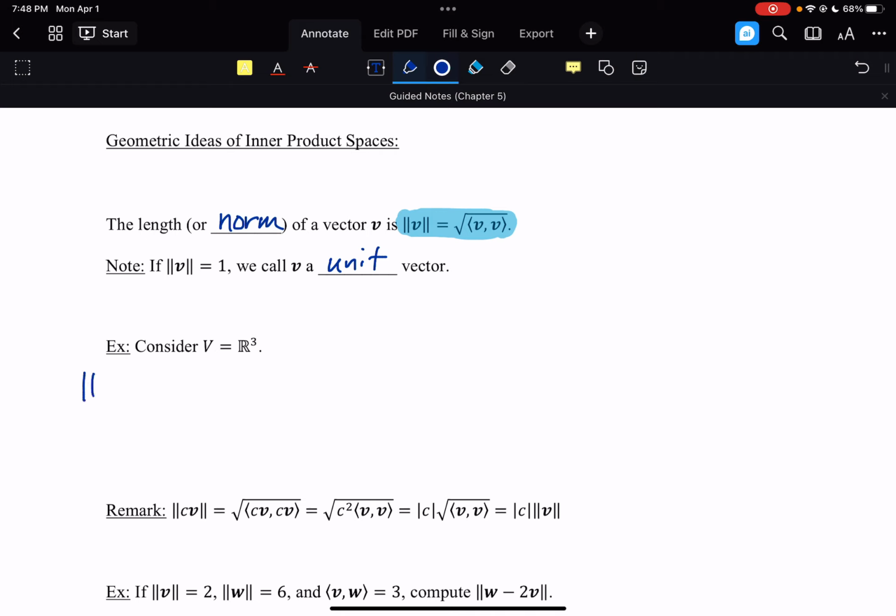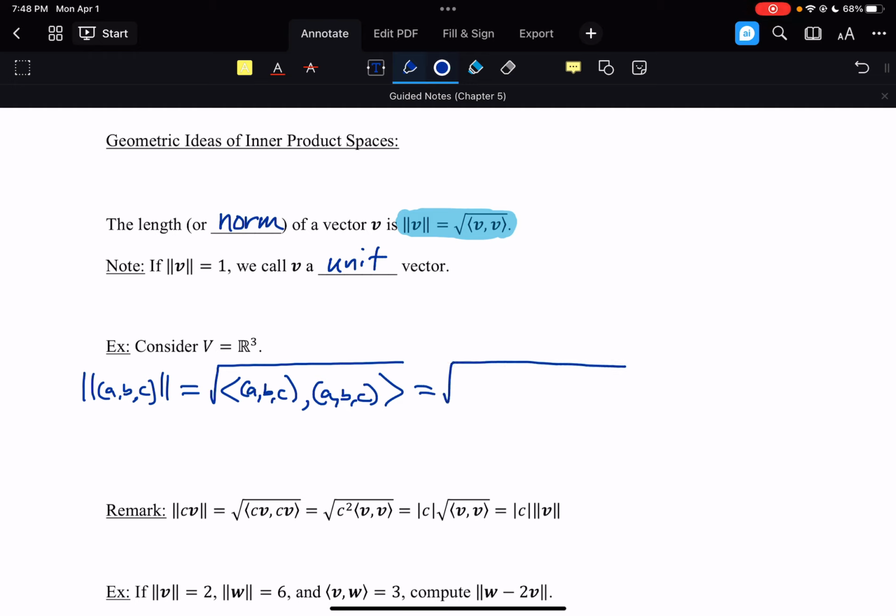So if we were to take the length of a vector, say (a, b, c), this would be the square root of the inner product of (a, b, c) with (a, b, c). So we take the dot product, so that's going to be a squared plus b squared plus c squared. And naturally, this is the formula for length of a vector in R3, right? It's based off of the distance formula.